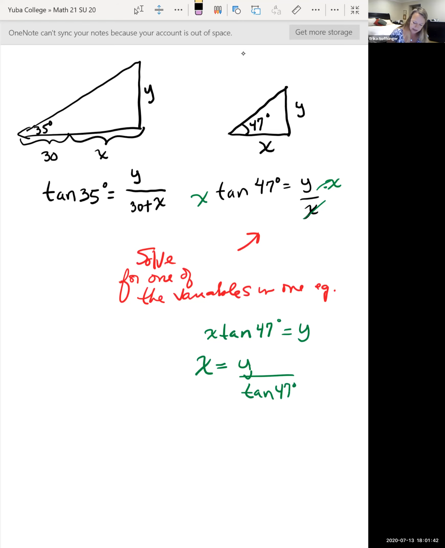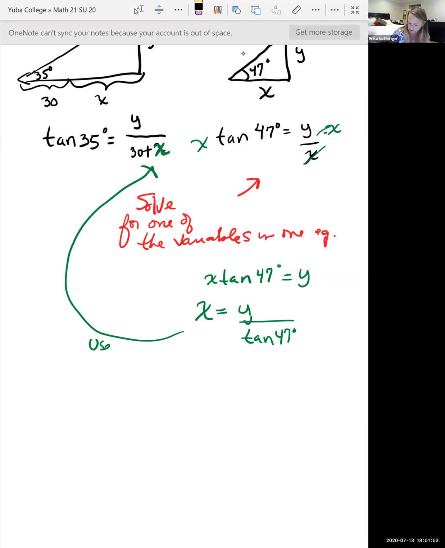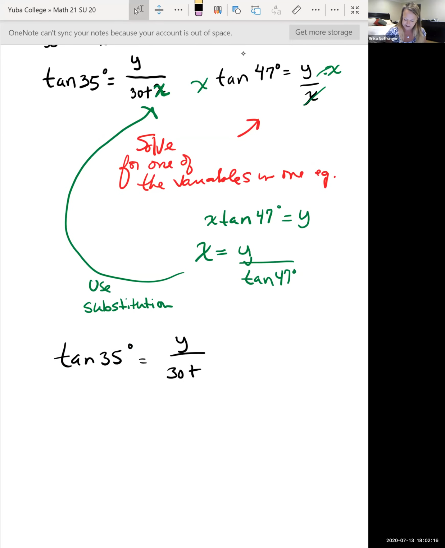Okay, so we're going to be putting that in wherever we see an X in this equation. So use substitution. Doing that, we have tan of 35 degrees is equal to Y over 30 plus X, but X is the same thing as Y over tan of 47 degrees.